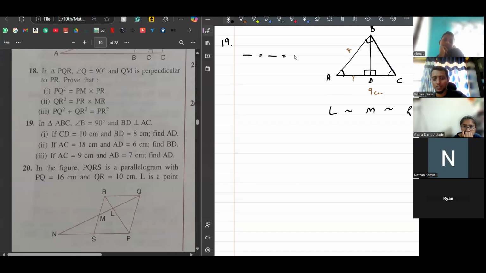Now tell me all the three: dash is equal to dash is equal to dash. For the left and middle triangle, tell me all the three sides that are proportional to each other. I'll tell one side for the left, you tell me for the middle. AB on the left is corresponding to which side on the middle triangle?